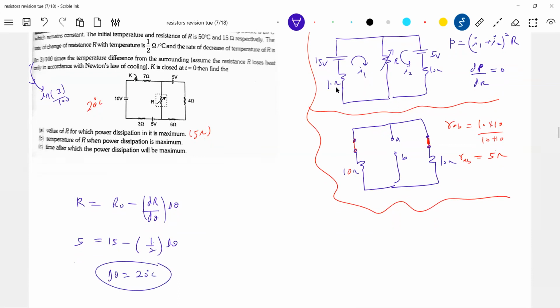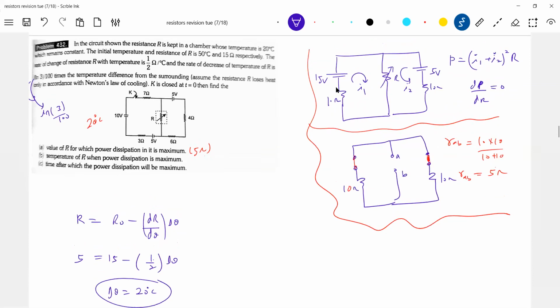So the temperature difference is 20 degrees Celsius. What should be the temperature of that resistance? The surrounding temperature is how much? 20 is there. Temperature at that instant: 30 or 40? 50 minus 20, 30 only. Yeah, that should be. So 30 degrees is the temperature at that instant.